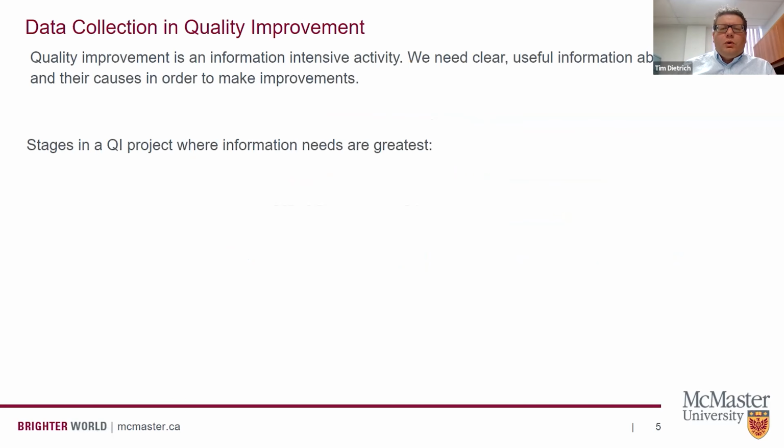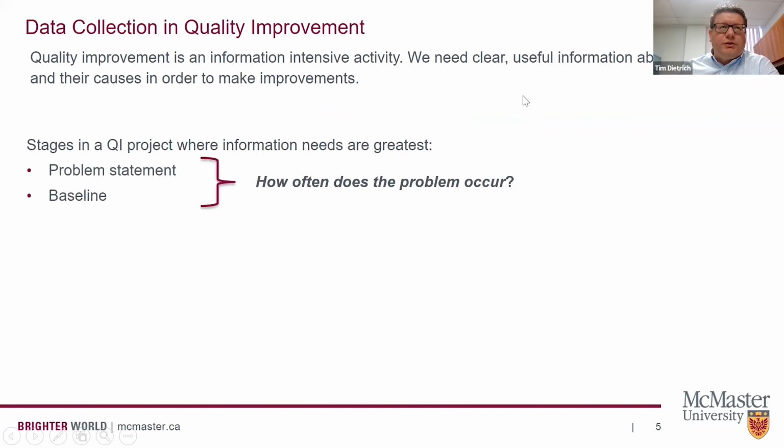And so quality improvement, process improvement is an information-intensive activity. We need to be able to understand both the problem at hand, the causes to that problem, and then essentially, knowing whether the change we made resulted in an improvement. And so there are different stages when information needs are greatest, both in the early stages of a project where we're defining the problem and probably creating a baseline of the outcome measure of interest.